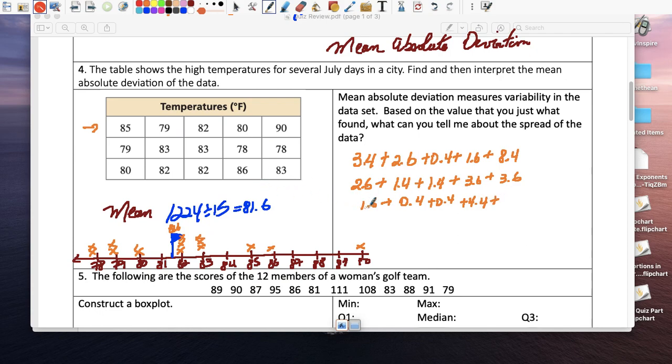And then 83, where are you, 83? 1.4 away. Let me just confirm this 83 over here. 1.4, I'm okay with that.